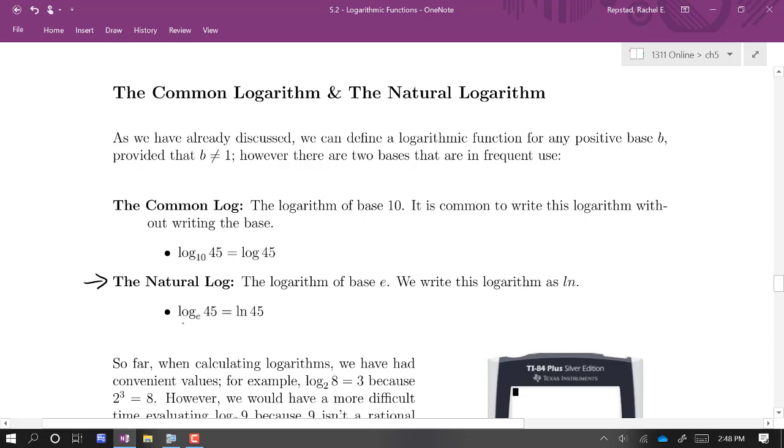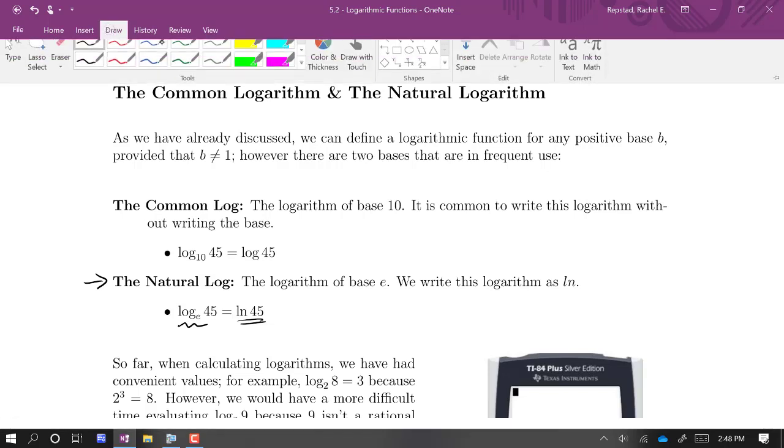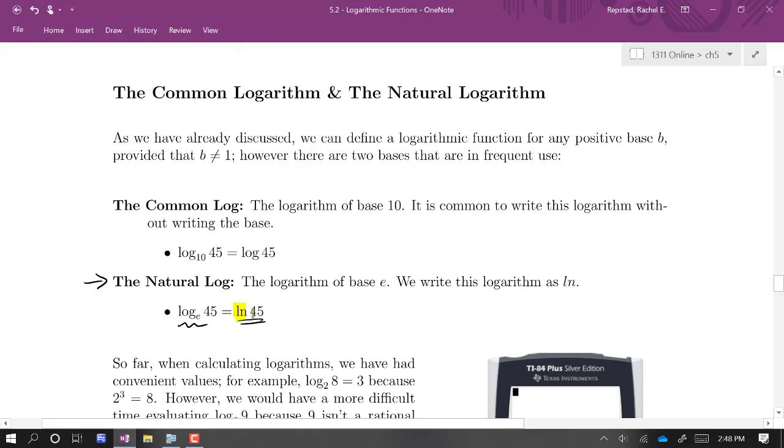So if instead of writing, say, log base e of 45, we would just write ln of 45. It's absolutely okay to write log base e if you want to write it that way, but you should definitely know and be familiar with the fact that if you see ln, that means the log base e.